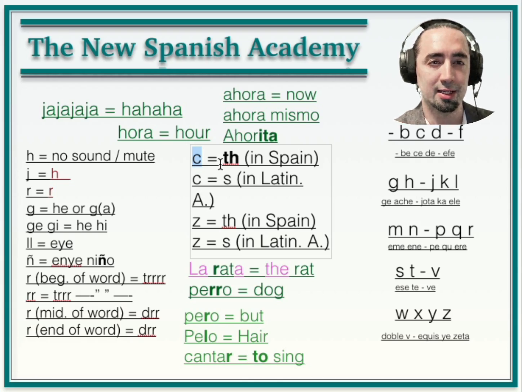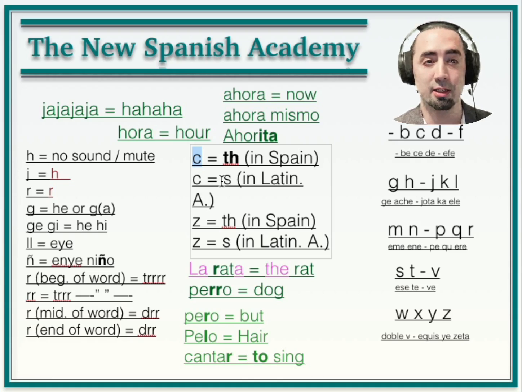So when the C is followed by an E or an I, in Spanish from Spain you say "the, thi," like the TH. That's why you hear people from Spain lisp a lot, because the C is TH.